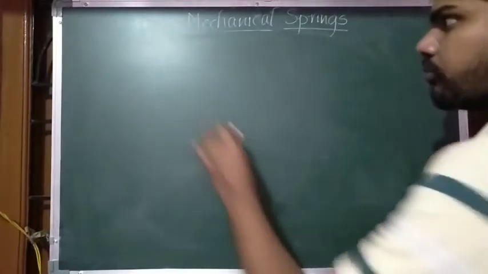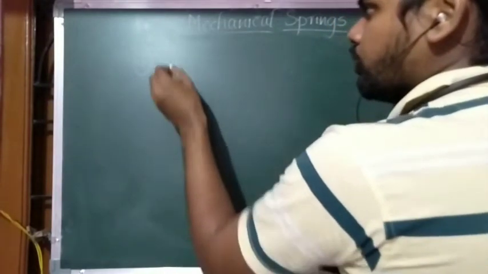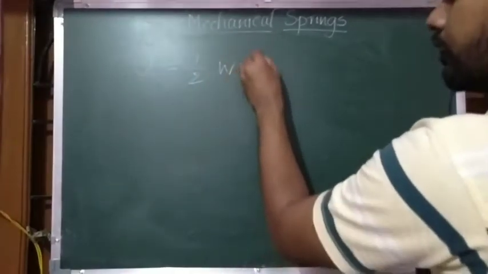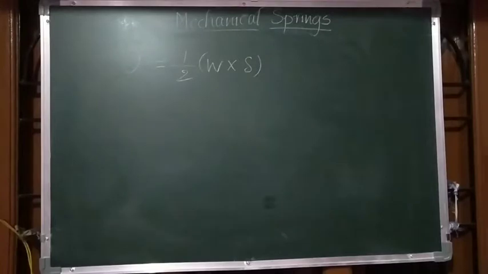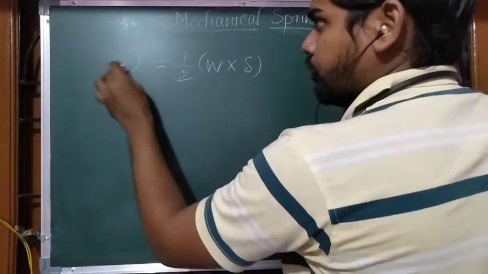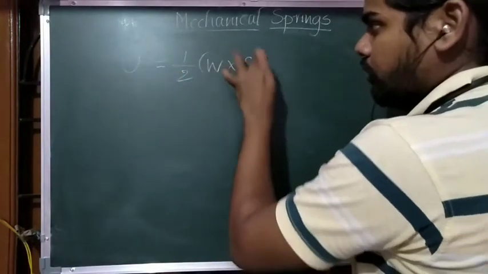It means the amount of energy stored, U, is equal to half of load into deflection.